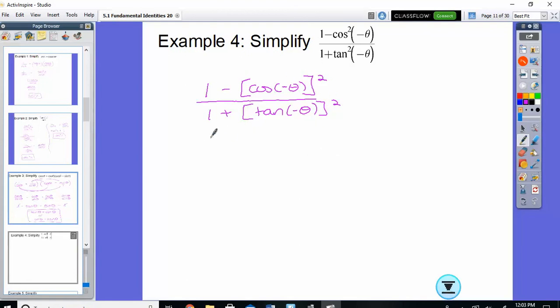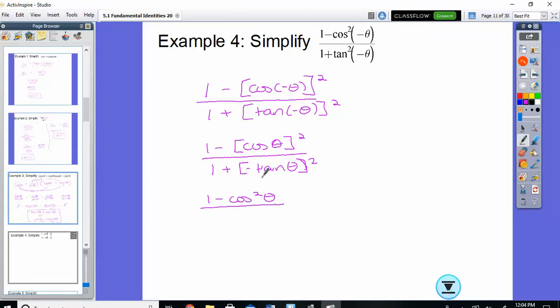Now, using properties of negative angles, if you have cosine of a negative, what happens to that negative? It just drops. What about if you have tangent of a negative? Goes to the front. Okay, so the top is just 1 minus cosine squared theta.